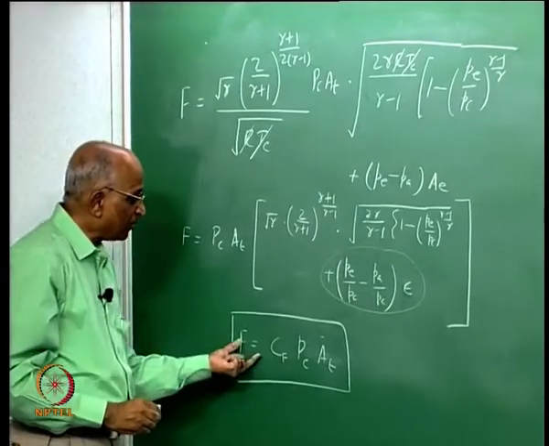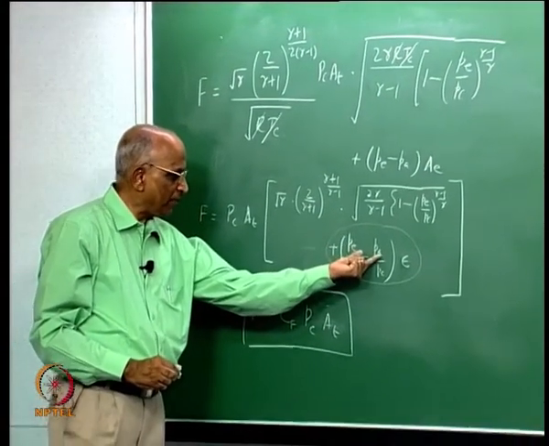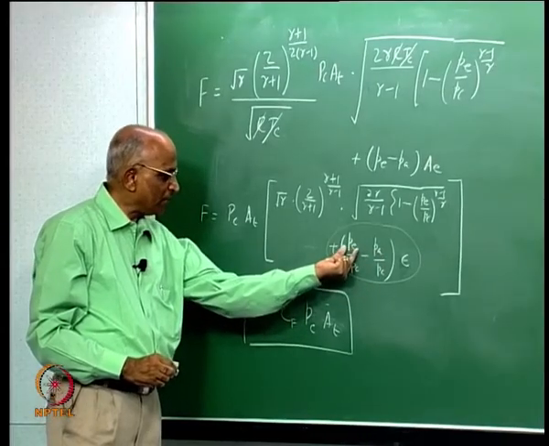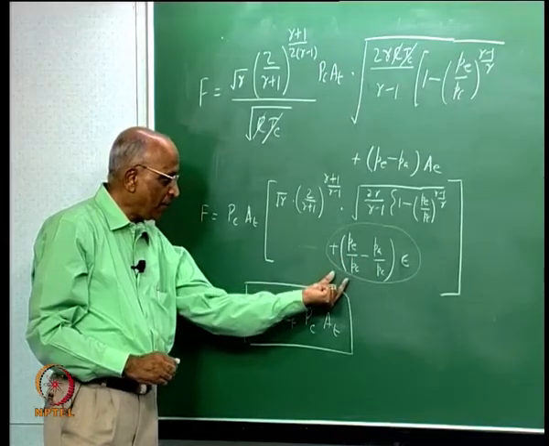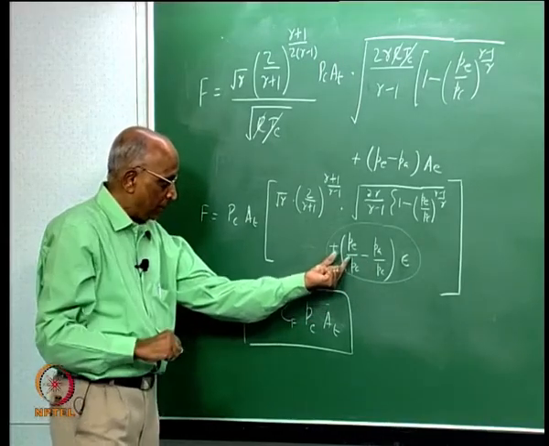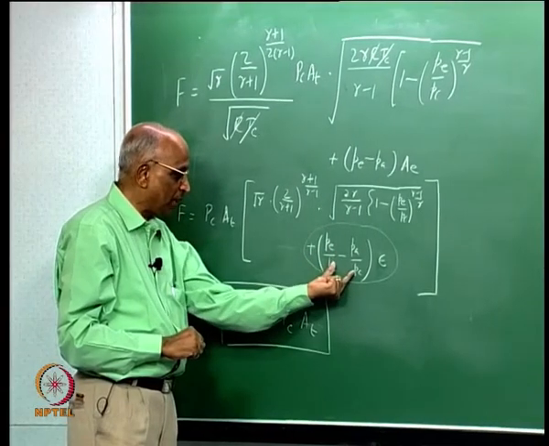Whereas if I have the exit pressure not being equal to the ambient pressure, if I have something like an overexpanded nozzle, I get a negative term. If I have optimum expansion in which Pe is equal to Pa, this becomes 0.